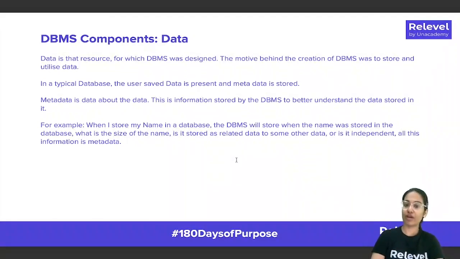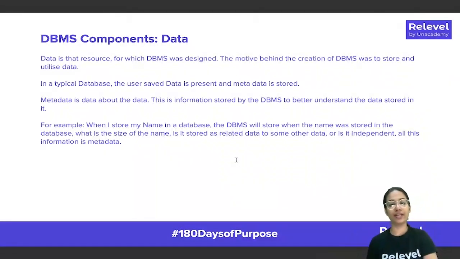For example, when I store my name in a database, the DBMS will store the name, when the name was stored in the database, what is the size of the name, whether it is stored as related data to some other data or is independent, and all this information is metadata itself.